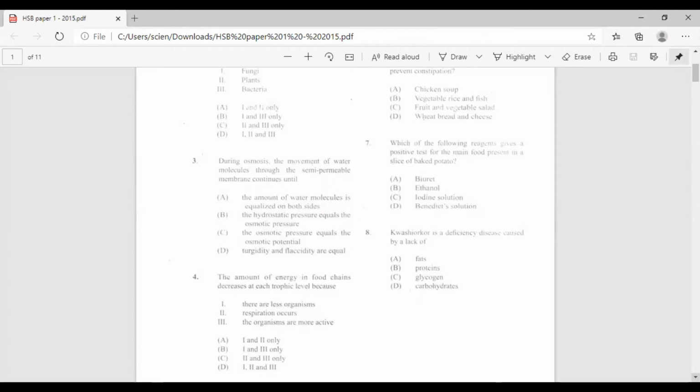So let us look at what we have. We have respiration. So respiration occurs, so that's one of it. Then there are fewer organisms present. If you think about a food chain, the organisms at the top or at the end of the food chain are usually fewer. And then 3, the organisms are more active.